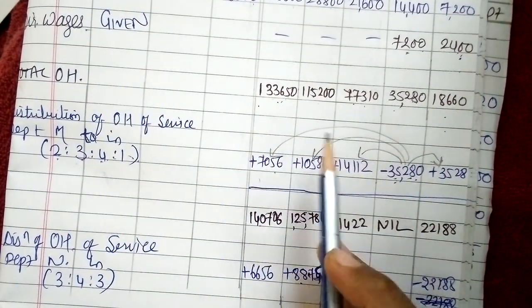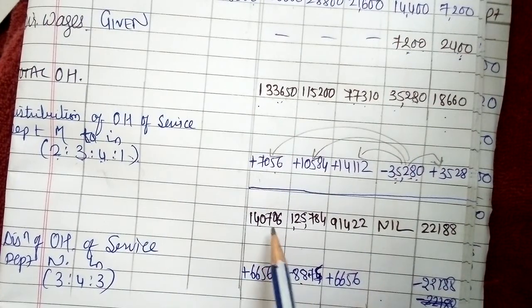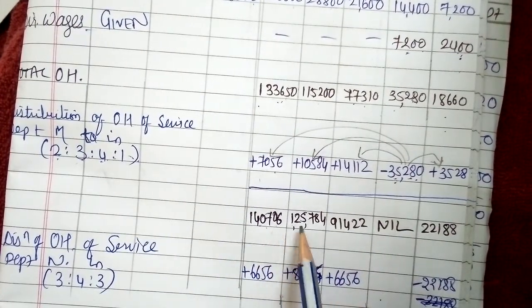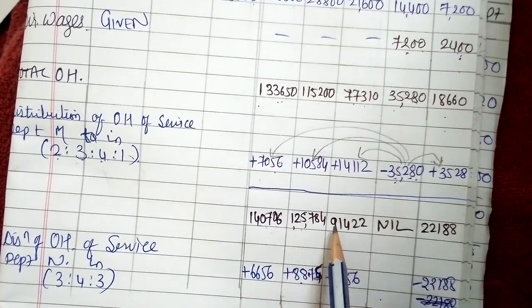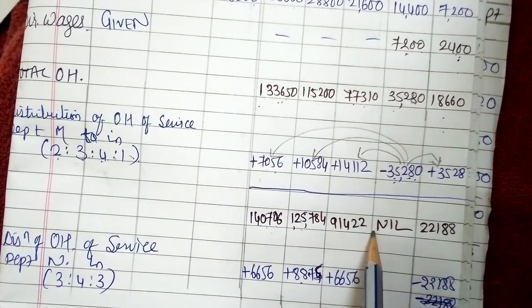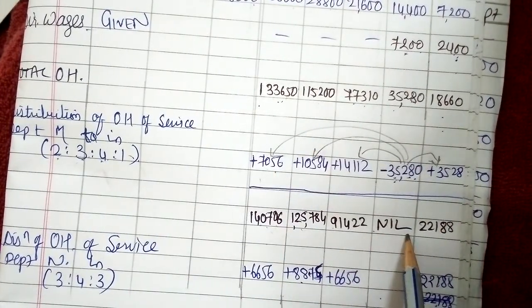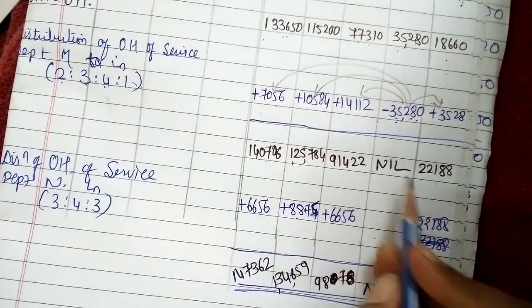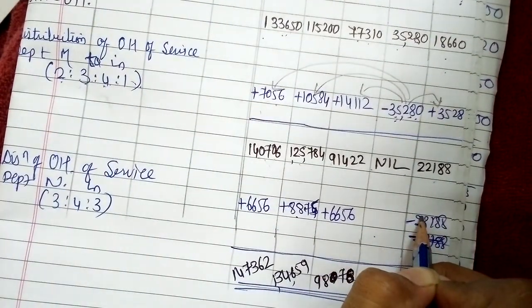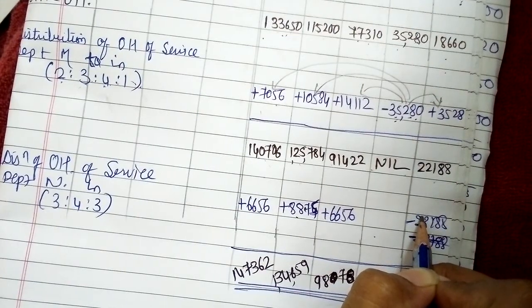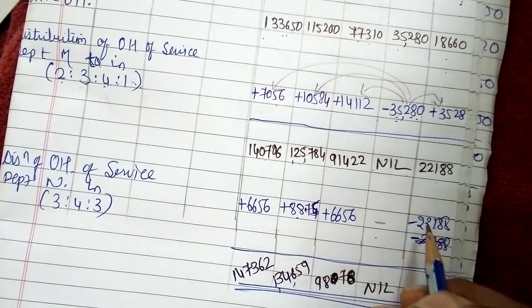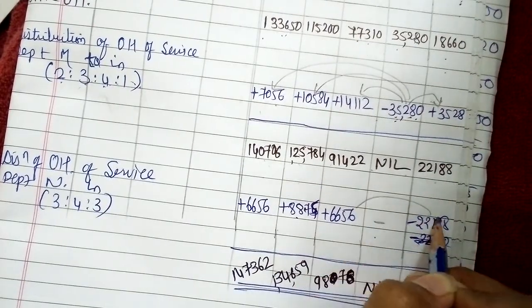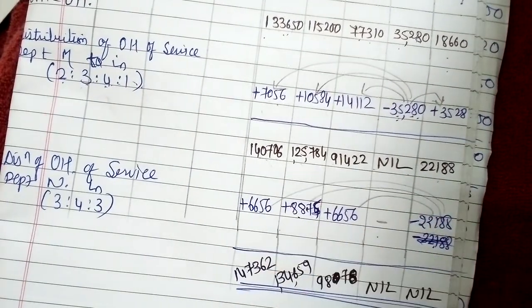So by adding all this we get 140,706, 125,784, 91,422, 0 and 22,188. Now turn for department N. Expenses of department N will only be distributed to the production departments A, B and C, because here it is already nil. So 1, 2 and 3 only.